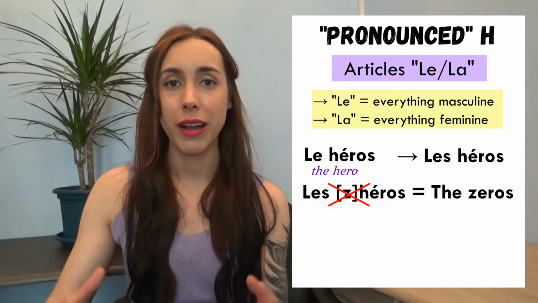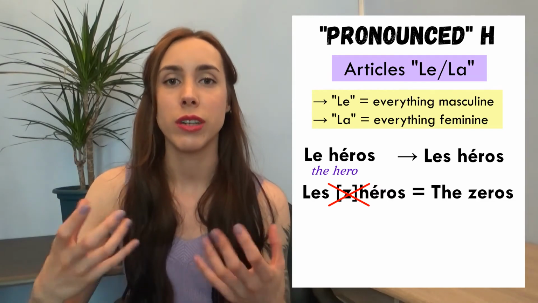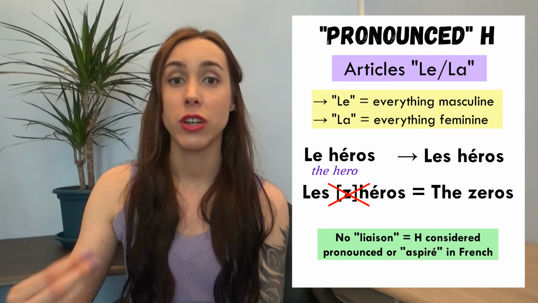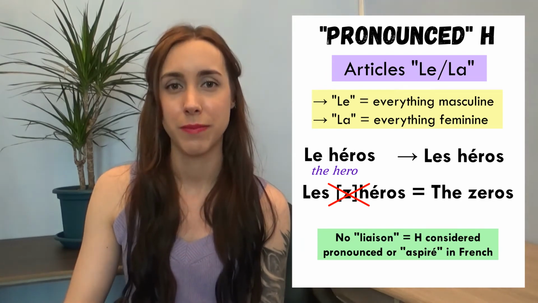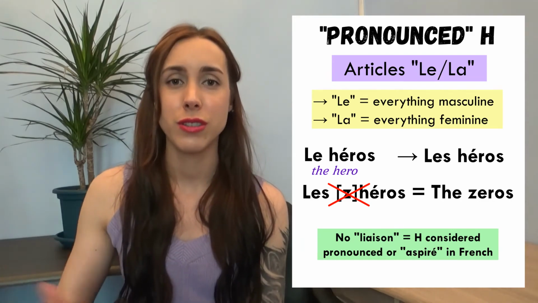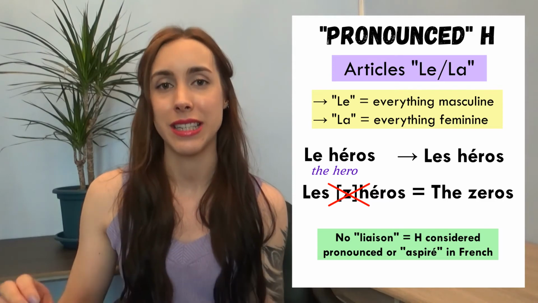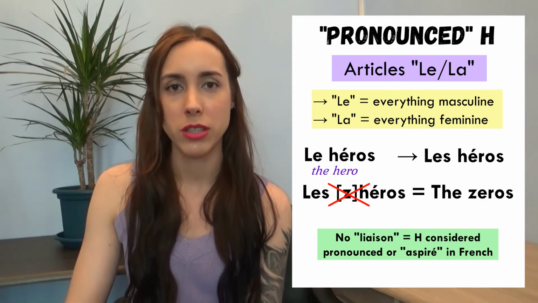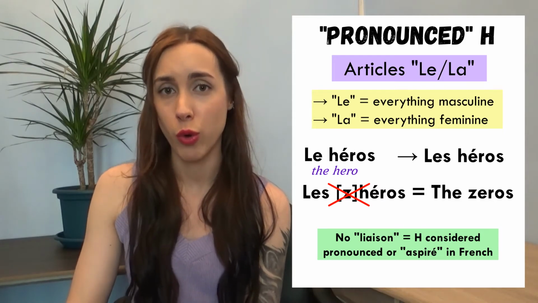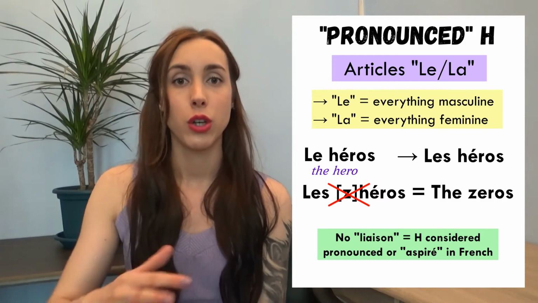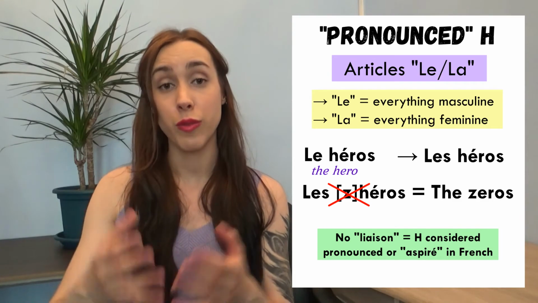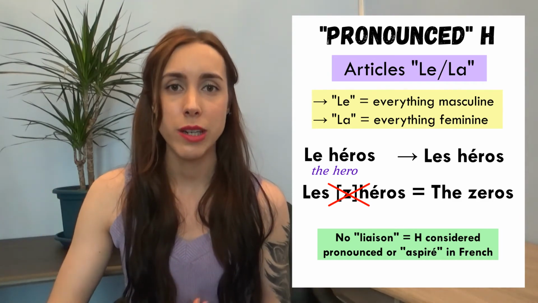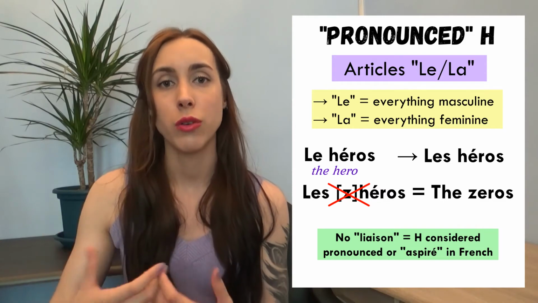And because I do not make any connection, I know the H letter is considered pronounced. In the first case, it was silent. Now it's pronounced. You're going to tell me, yes, but I don't hear it in the word. You're right. You don't hear it, but if you know how to spell a word in French, or if you are a native, we already know how it's written.